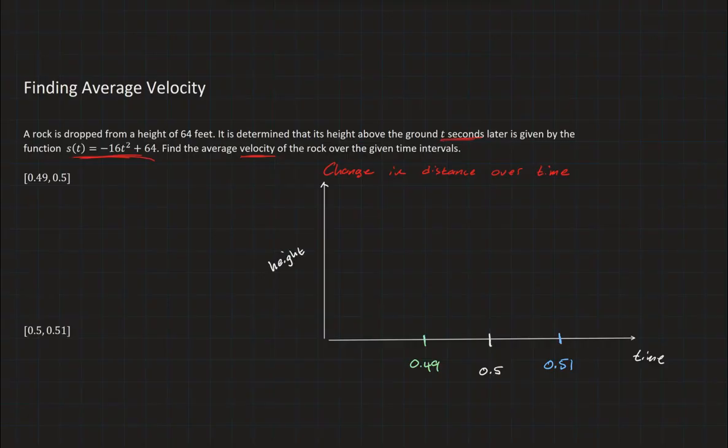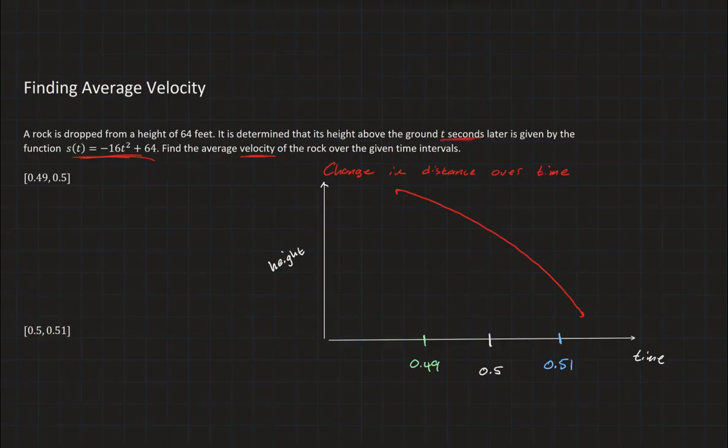This vertical axis is going to be my height axis. Now I'm going to draw a very rough sketch of what this function looks like. This is not what this function actually looks like, but we know it's a parabola, so it kind of has this shape to it. Okay, this is a very zoomed in version of this parabola.